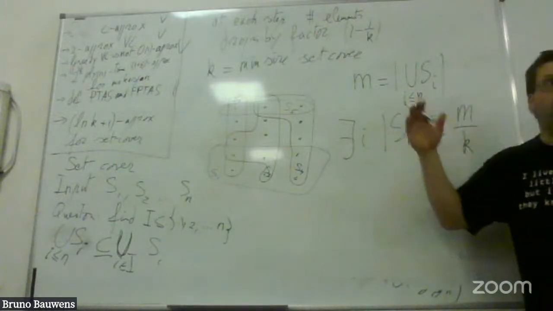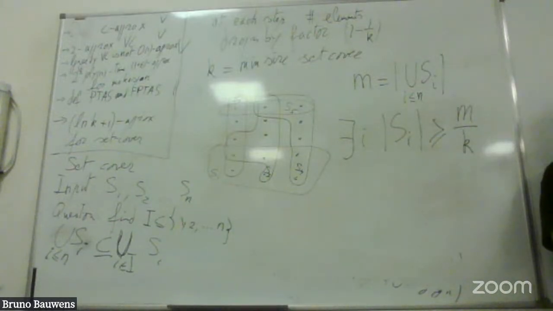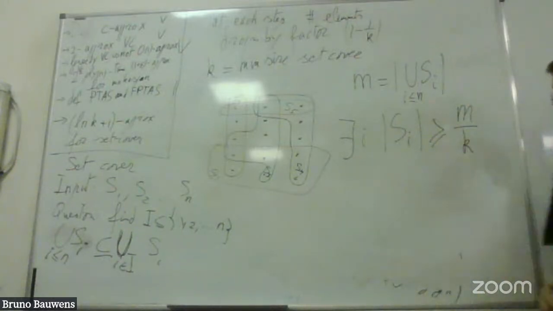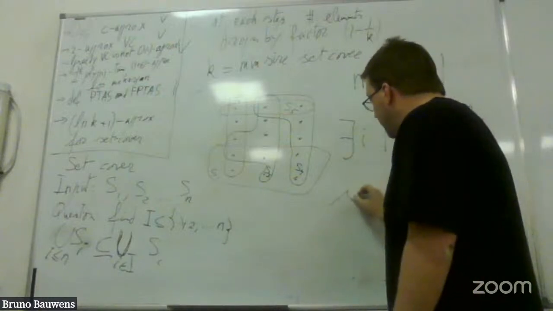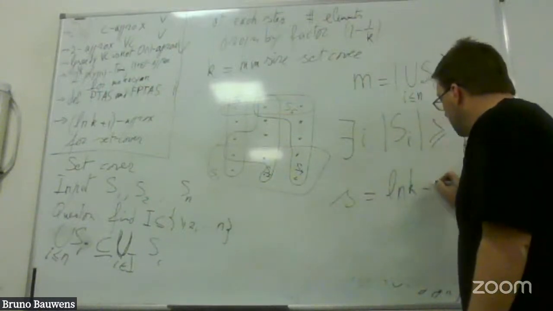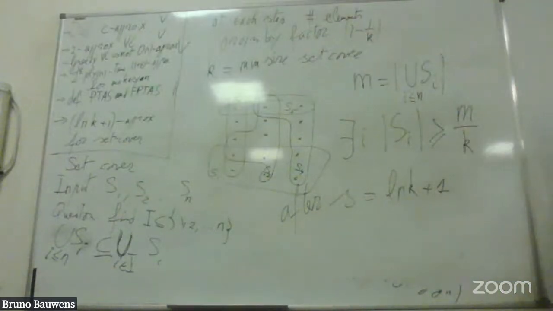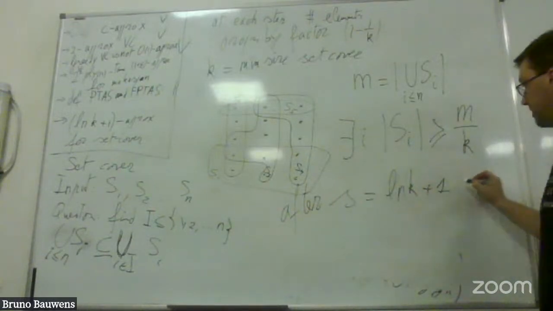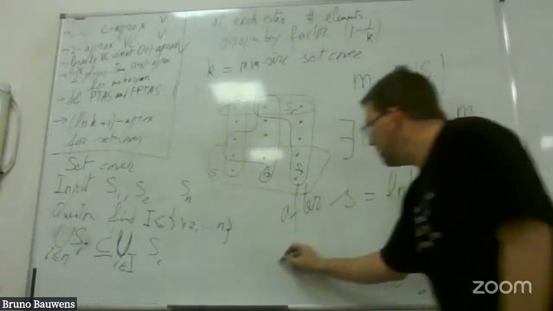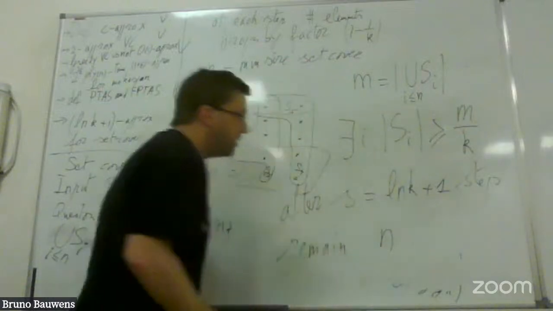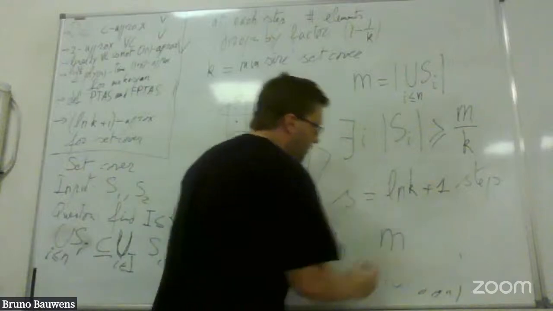So at each step, we have a geometrically decreasing set of remaining elements. At each step, we add a new set to our set cover. The claim is that after s equal to k ln m plus 1 steps, we have taken all of the elements. Why? After s steps, how many elements remain? We start with, let's say, m elements.